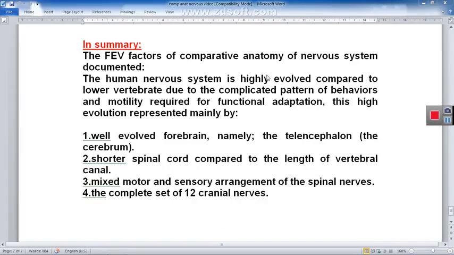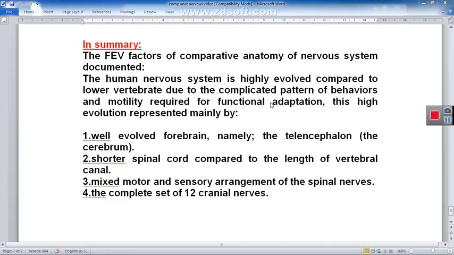In summary, the factors that are related to the description of comparative anatomy of the nervous system, which are the function, the environment, and the presence of vestigial organs, document that the human nervous system is very well developed in comparison to lower vertebrates.